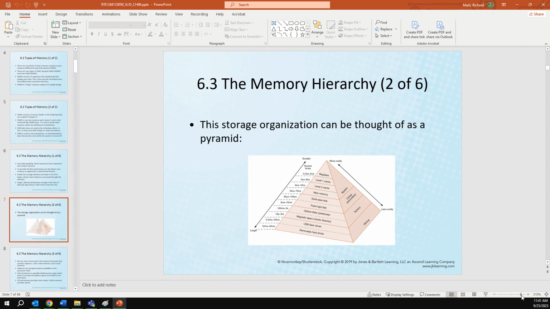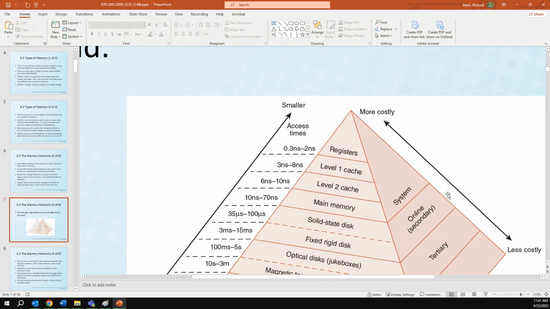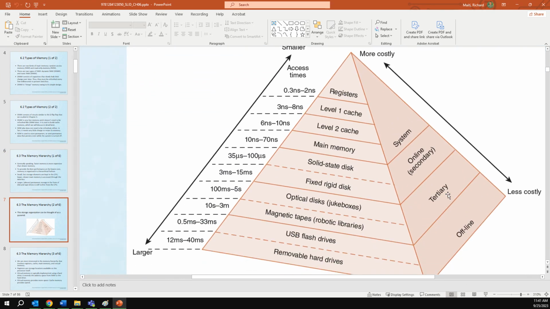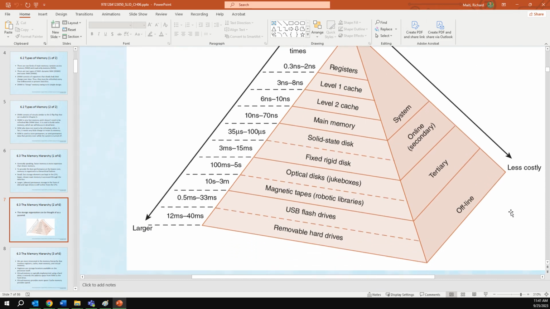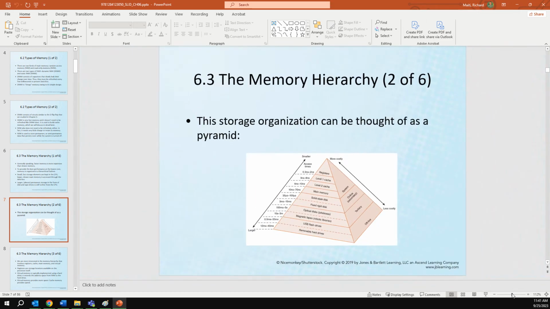Let me see if I can zoom in here so you can see the pyramid a little better. As you get higher up the pyramid, you see how much faster the memory gets, and also it's more costly, as opposed to going down.